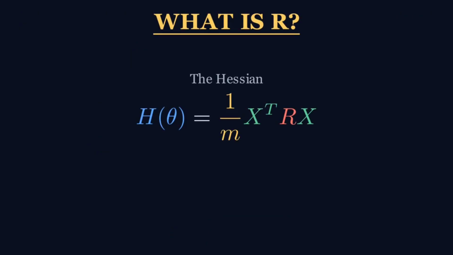And through the montage we can see that the result is 1 over m, X transpose R X, where R is the matrix on the board.